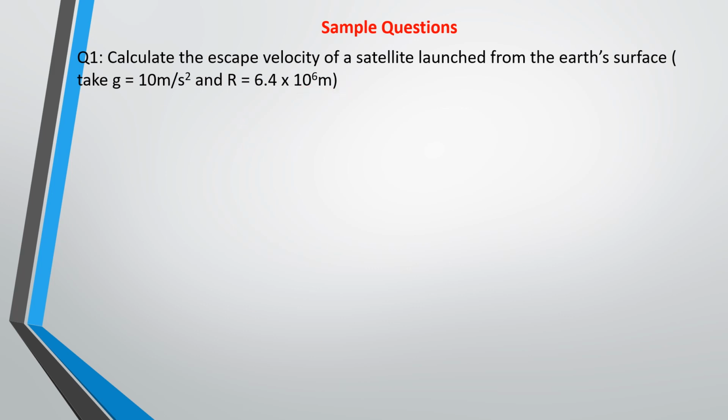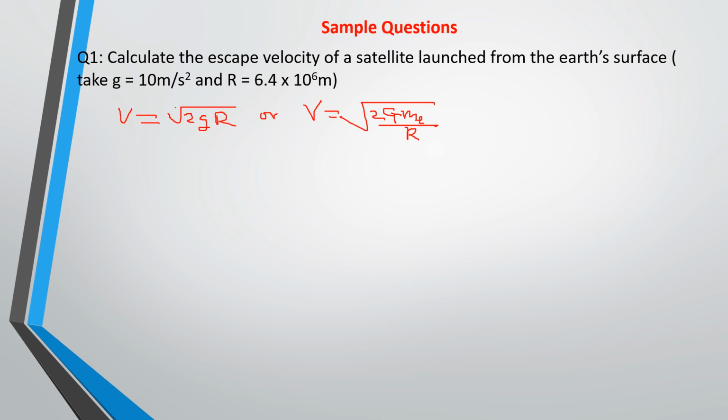We know that the escape velocity v is equal to the square root of 2gR, or v equals the square root of 2GM_E over R. Which equation are you going to use?